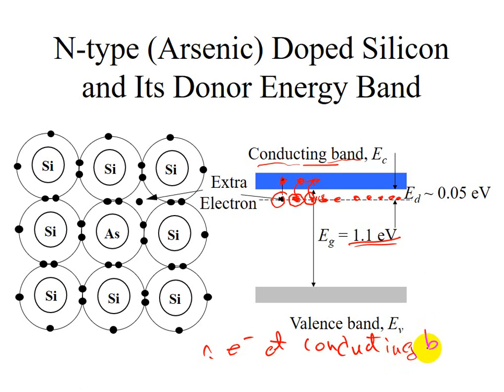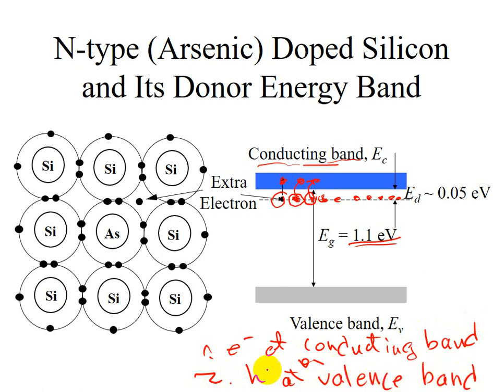Second, you have holes at the valence band. These are the two criteria to define a conductor: electrons at the conducting band, or holes at the valence band.